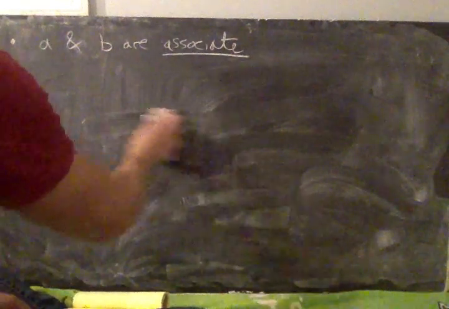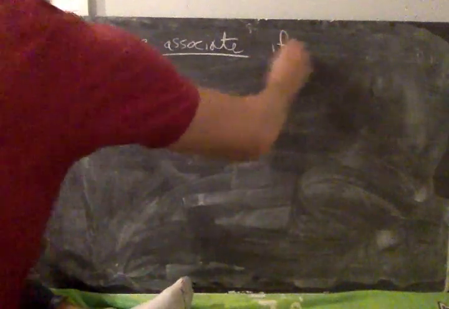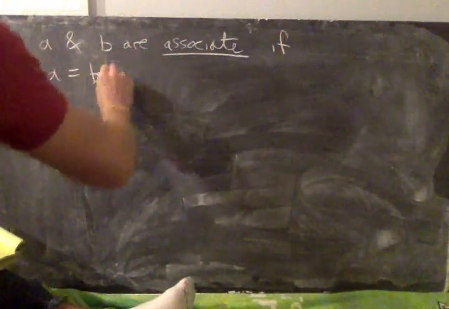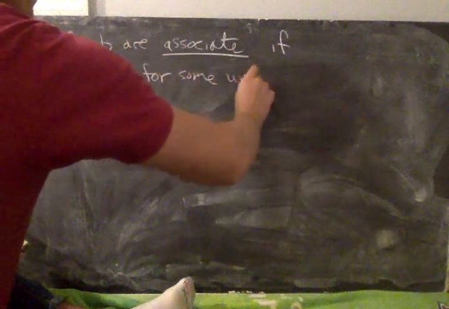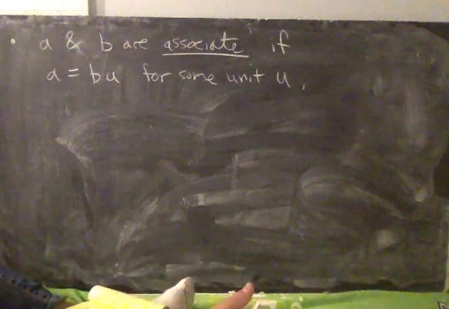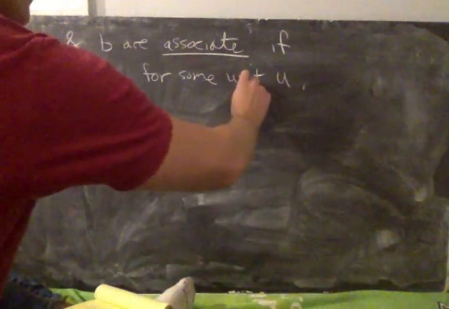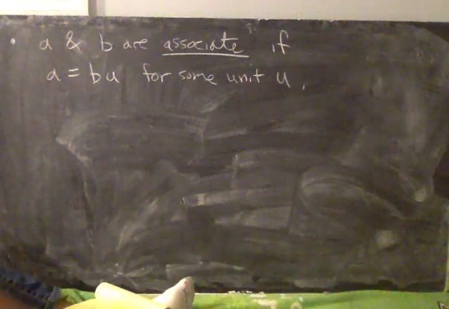So they're associates if exactly this equation holds: if a is equal to b times u for some unit u. So they're sort of the flip side of units. They're trivial divisors of a particular element of your ring.